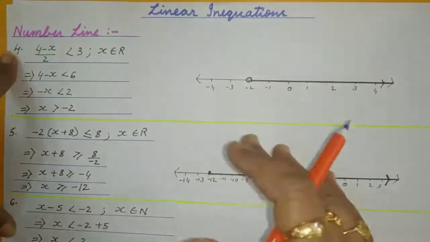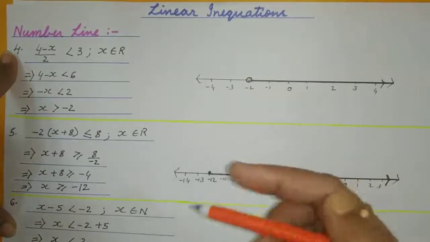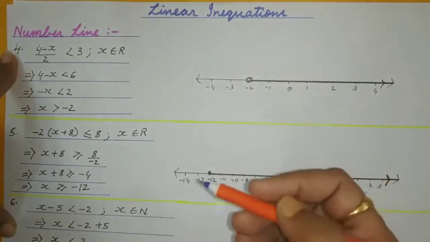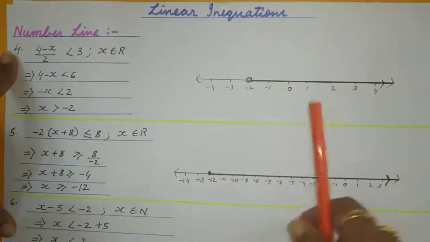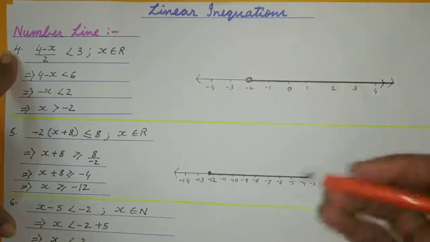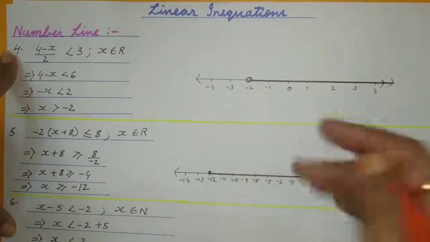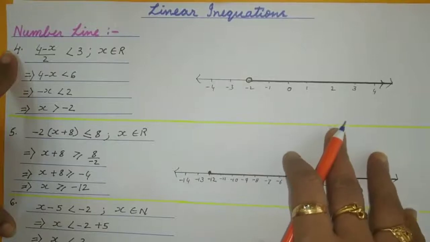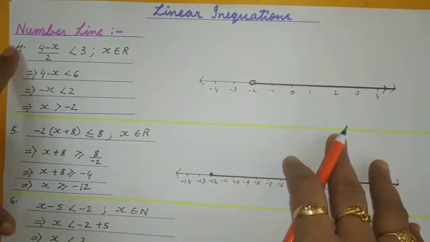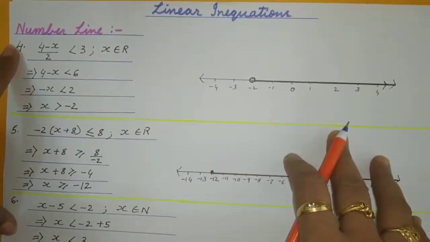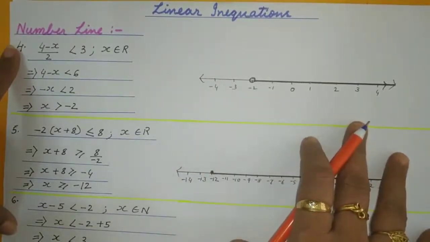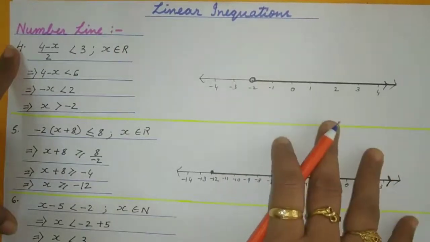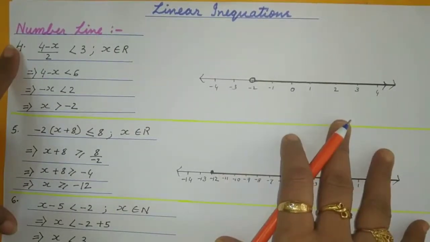I have taken some 8 to 10 questions on solving linear inequations, and the slide to show you how to represent them on the number line. I have taken 6 examples to show you on the number line, and I'm sure if you are watching my video properly, this linear inequation chapter is going to be easy for you children. It is not difficult. Practice as many questions as you can from your book, solve all of them.